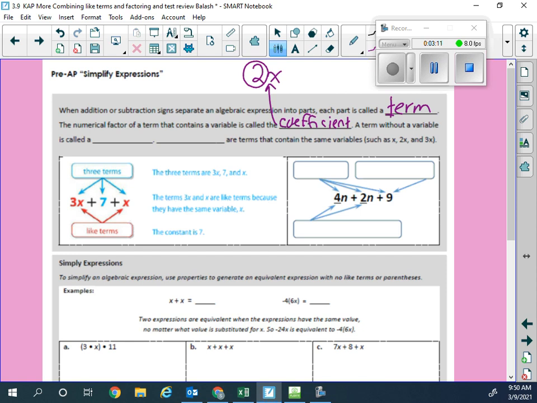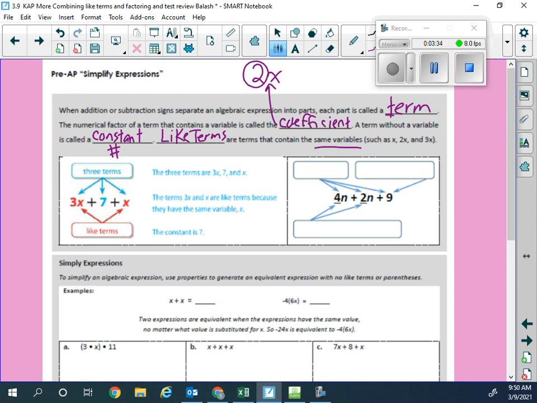A term without a variable is called a constant. Remember yesterday we said that's just like a number? Okay? Like terms are terms that contain the same variables, such as x, 2x, 3x, or those all numbers, okay?